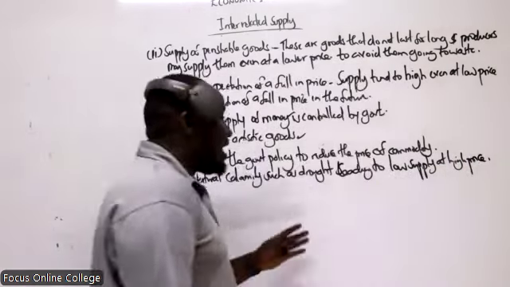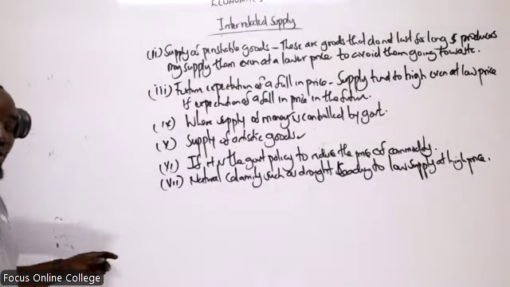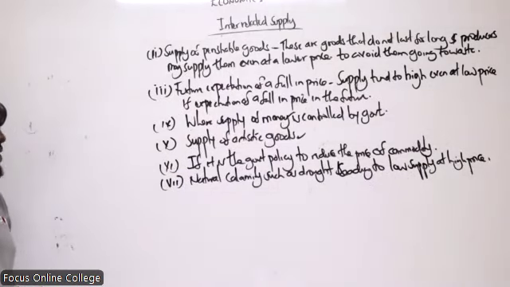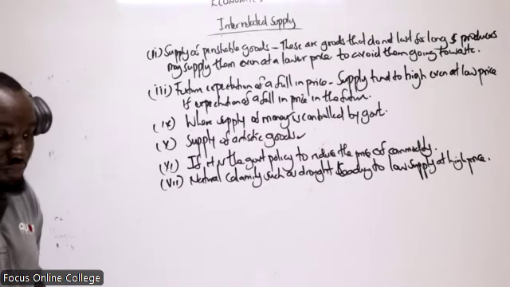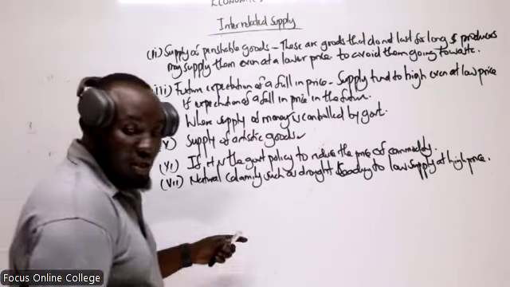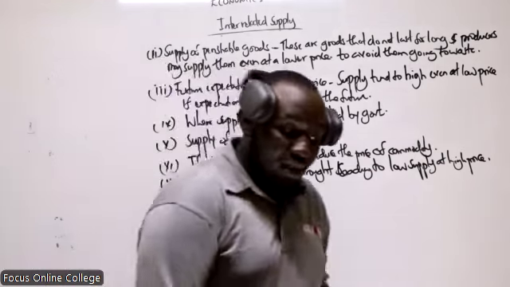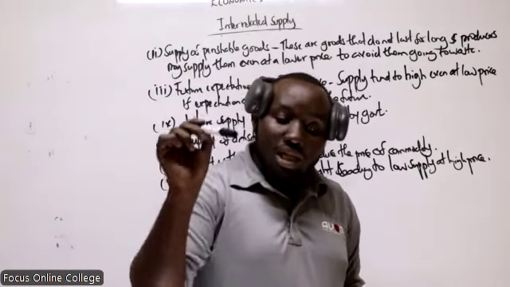So when there's a shortage, like calamities such as drought, they create a shortage. And in those scenarios, when a shortage is created, we know that the price is high while the supply is low.